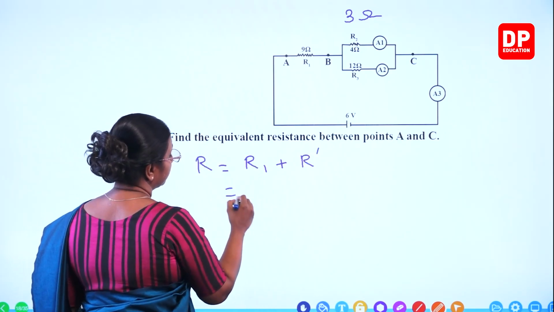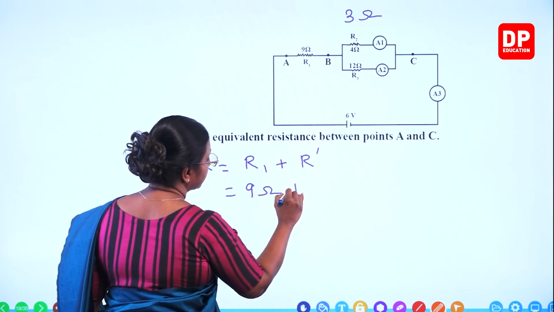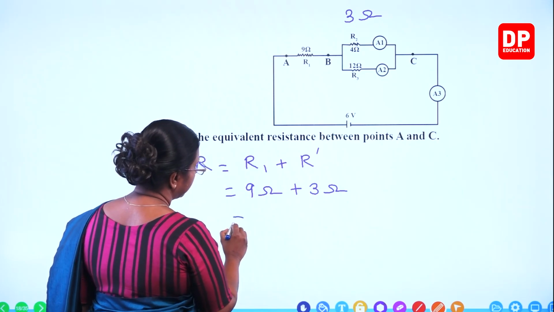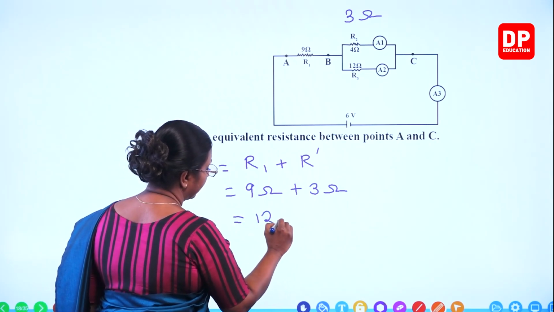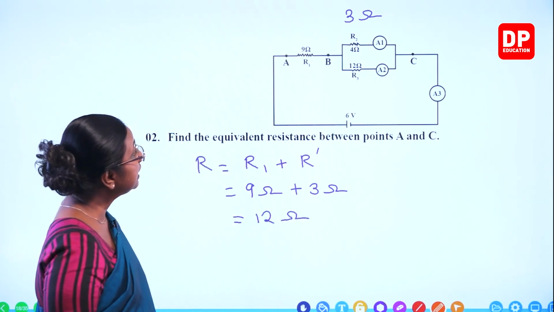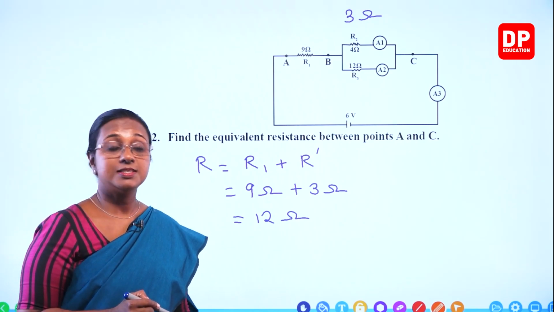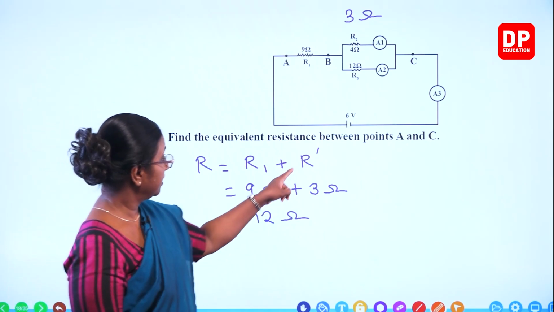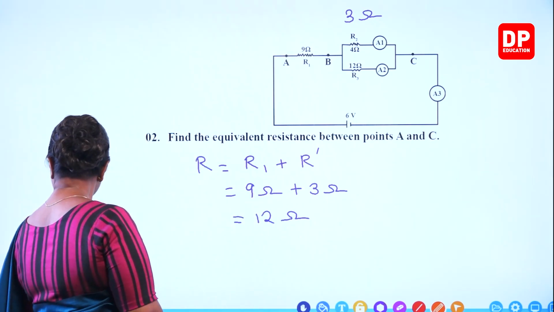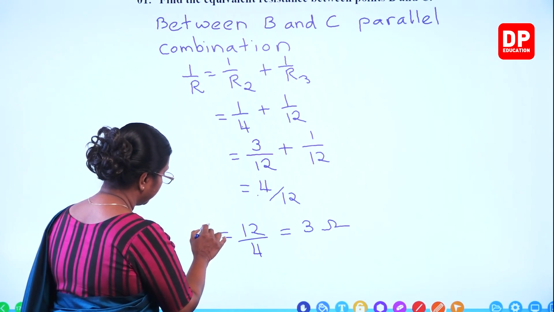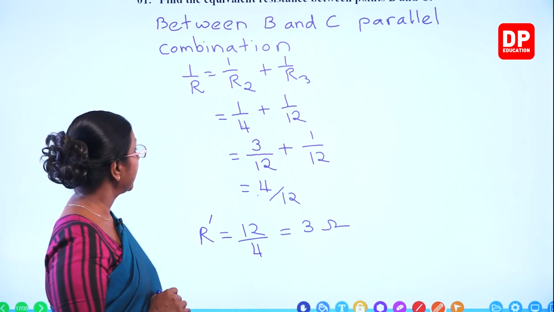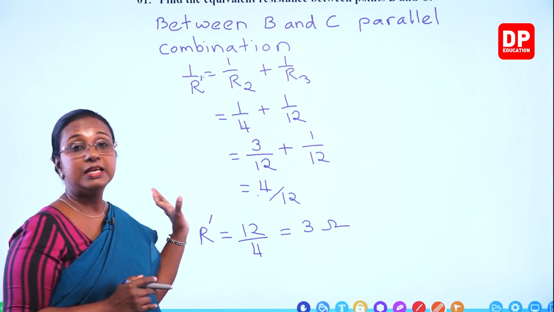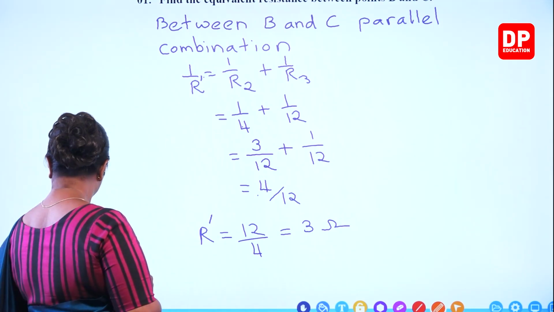So it is going to be 9 ohms plus 3 ohms, that is 12 ohms. That is the equivalent resistance of the circuit, or between points A and C. Here what I have denoted as R dash is what we calculated here. So that is the equivalent resistance there.